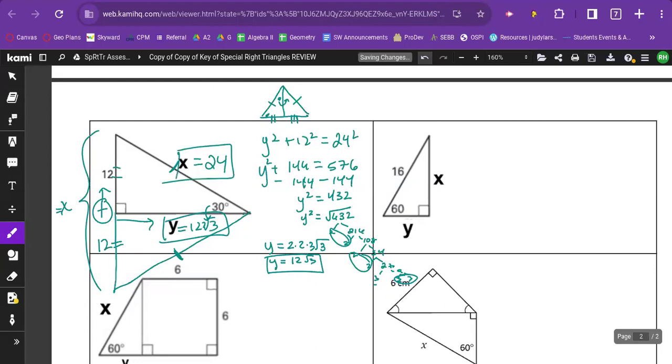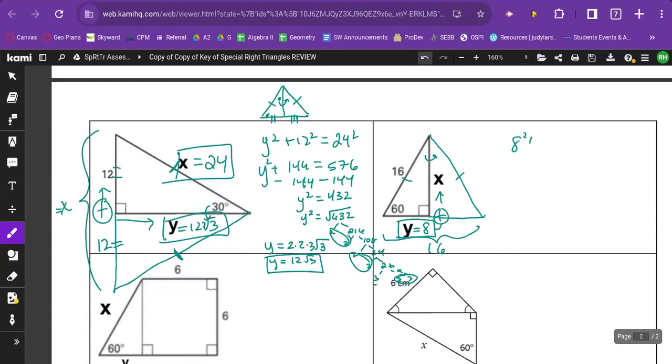And then again, when you're looking at reflecting it over the 30 degrees, so not the 60 over the 30. And so then we're going to end up with saying that this is the same as this, which is the same as this whole length. So this whole length is 16, which means that y is half of it. y is just 8. And then we can do 8 squared plus x squared.